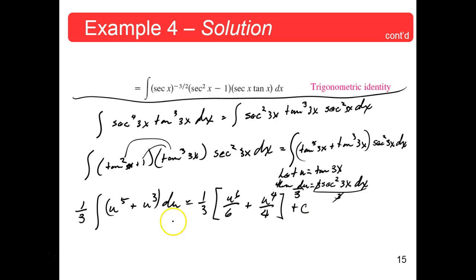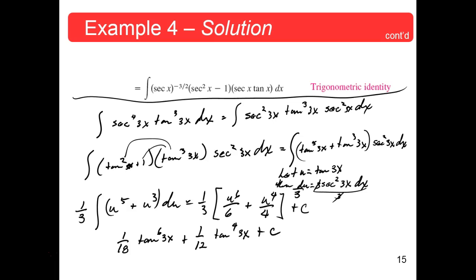So let's go on and multiply through and substitute back in. That would be 1/18 tangent to the 6th 3x, plus 1/12 tangent to the 4th 3x plus c.